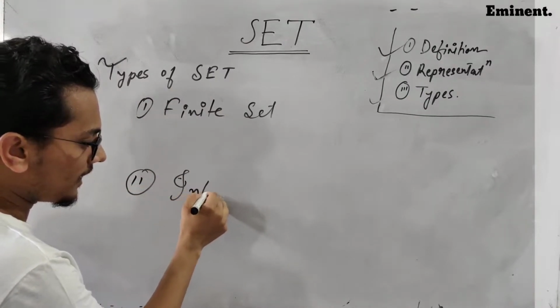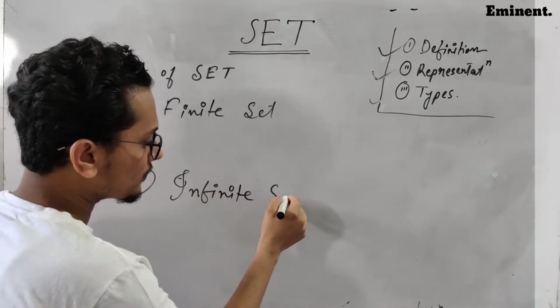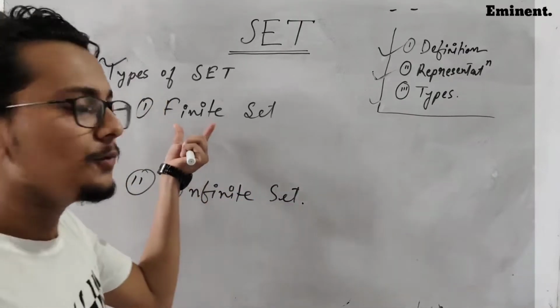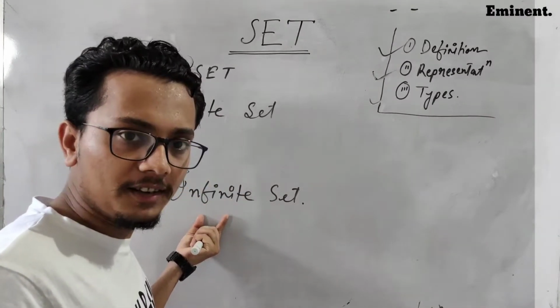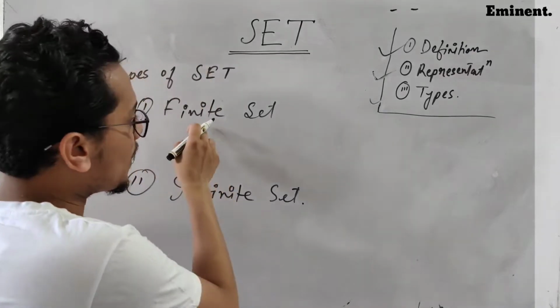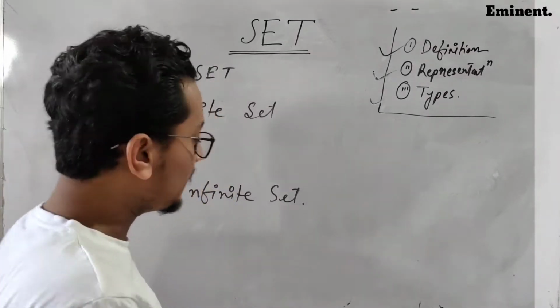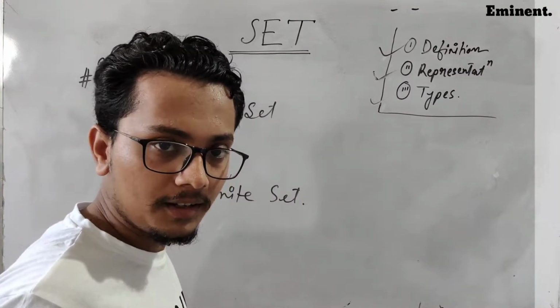Then you can easily identify the difference between these two types of set. From the words finite and infinite, I hope you understood a little bit about what a finite set can be and what an infinite set can be, right?